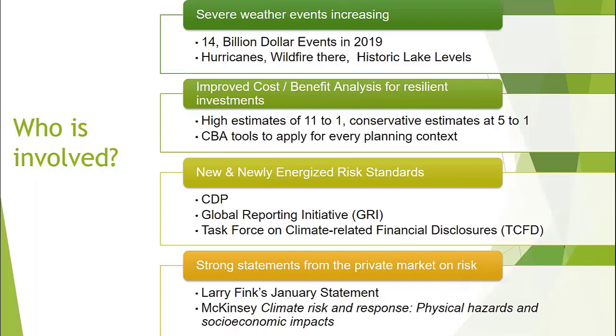In cases of resilient infrastructure, there are estimates that $1 spent has an $11 benefit, to more conservative estimates that just came out of a congressional report saying $1 of investment gets you $5 of relief. Either way, we know that if we're investing in resilient infrastructure, it's going to benefit us monetarily. We also have a lot more sophisticated cost-benefit analysis tools.